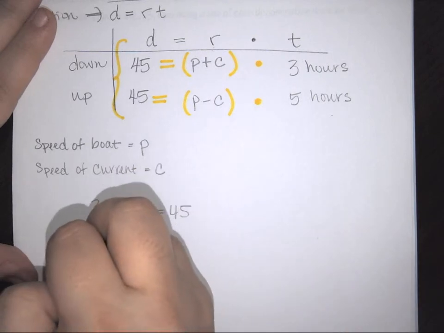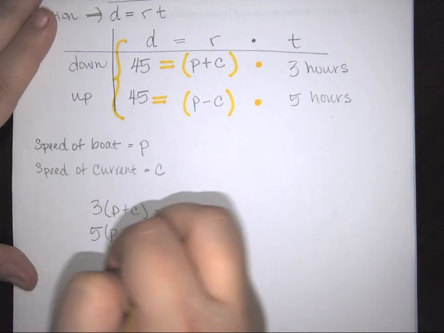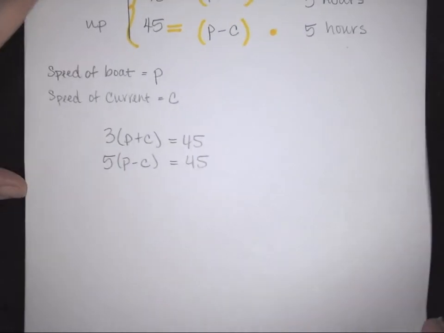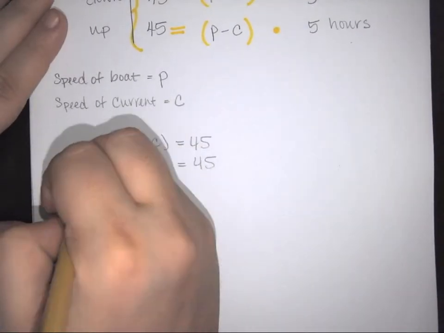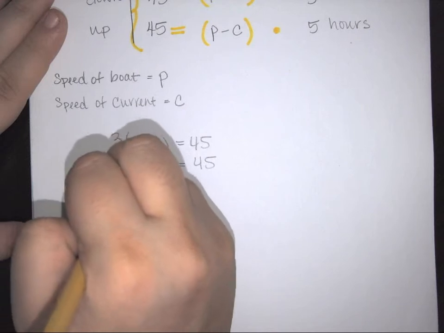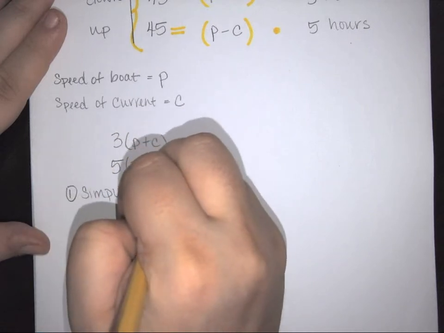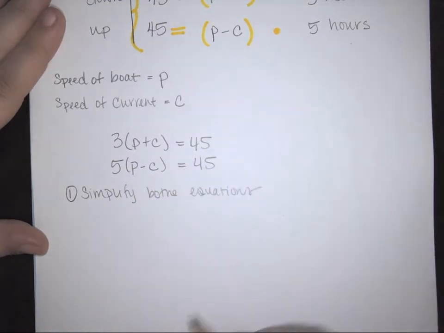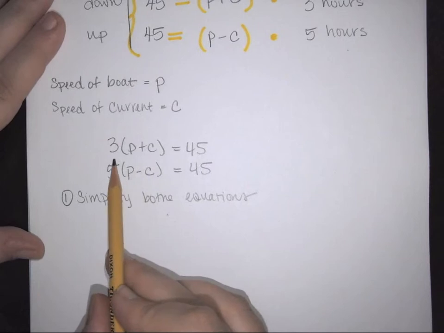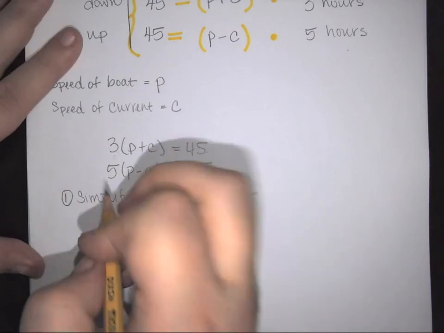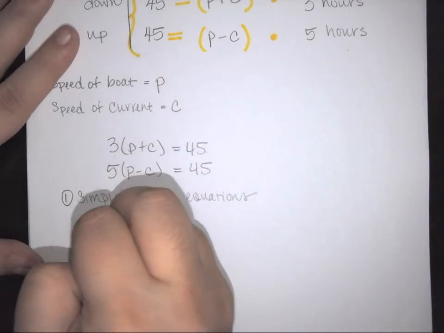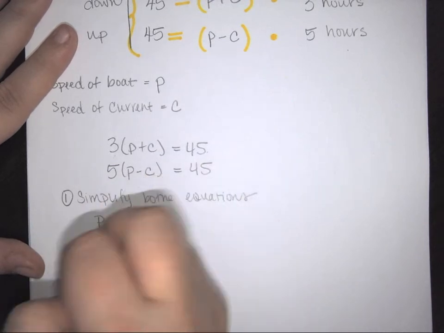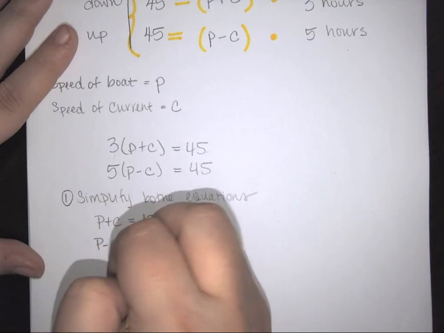And I have 5 times P minus C equals 45. The first thing I would do is simplify both equations. I know that we can do that because I can pull a 3 out of 45. So this is going to become P plus C equals 15. And then the bottom is P minus C equals 9.